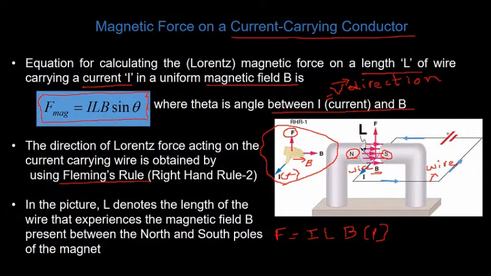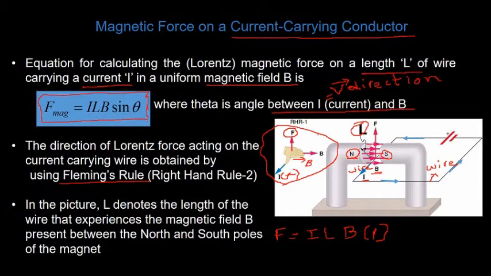The current is coming out of the screen towards us, shown by this I. An important quantity to note is L. L is the length of the wire which is inside the magnetic field. It is not the length of the entire wire.